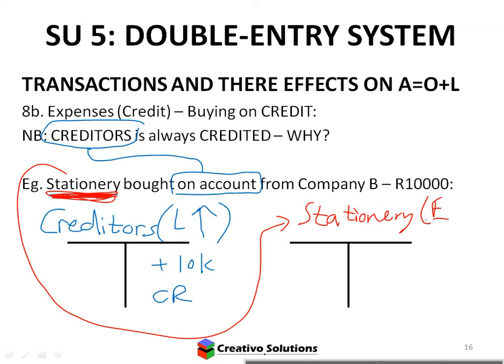Well, I had 0 expense before. Now do I have an expense? Yes, I'm recording the expense for stationery. The expenses are going to go up. It's going to be debited plus 10,000 on that side. Debit. Is that okay?